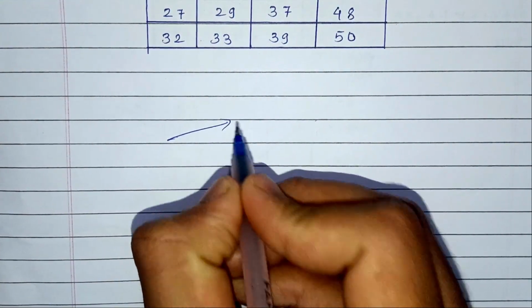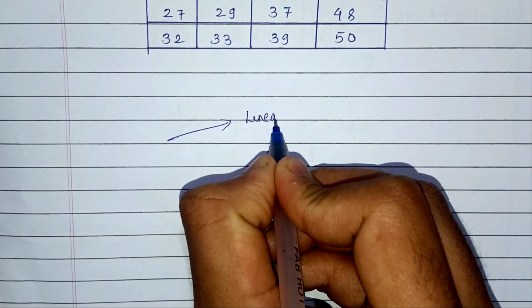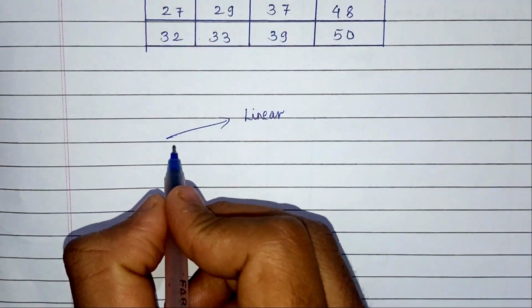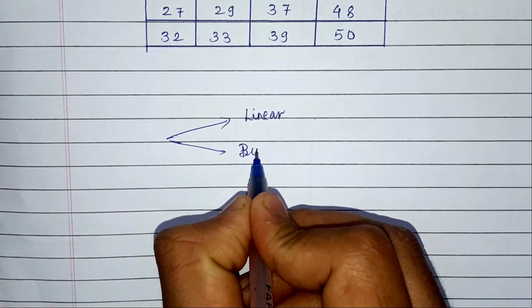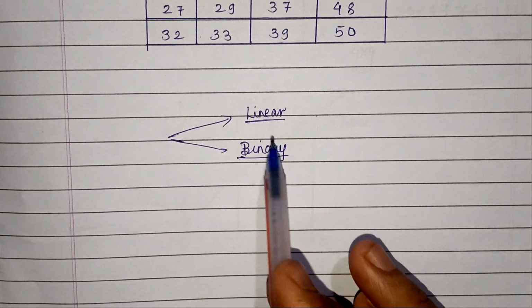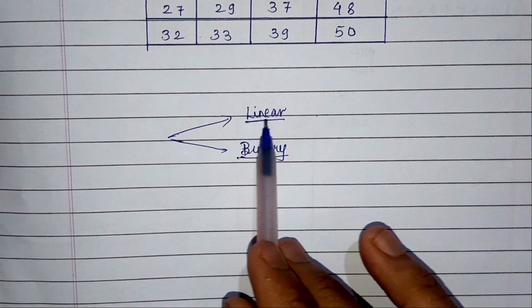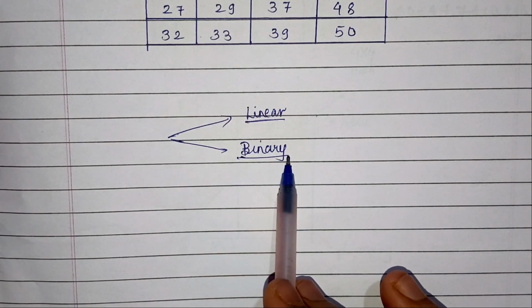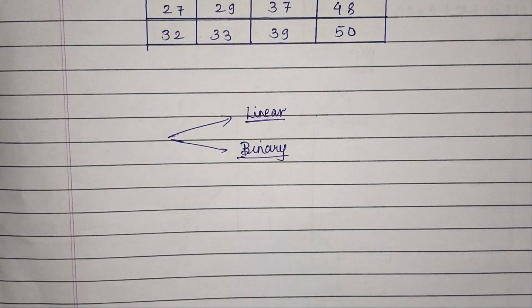First is linear search and second is binary search. In the previous videos we have seen the linear search approach and binary search approach, so you can go and watch both videos on my YouTube channel.